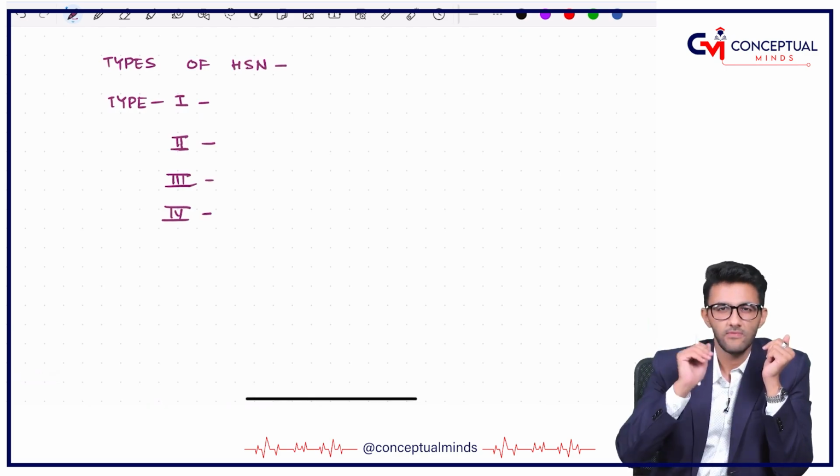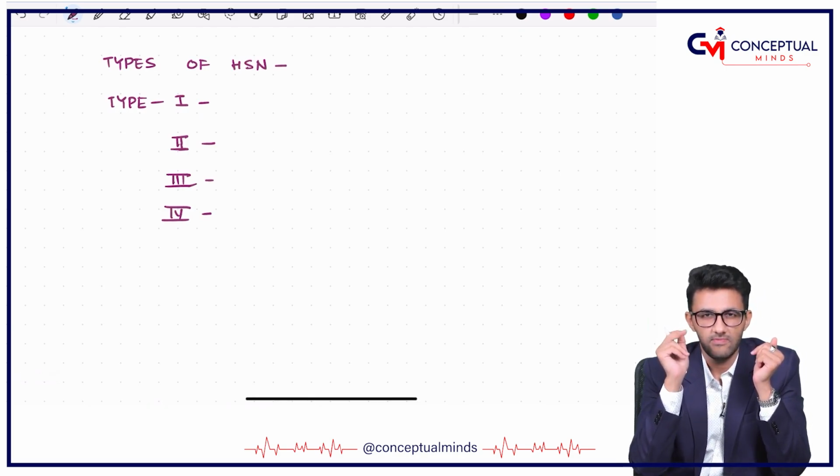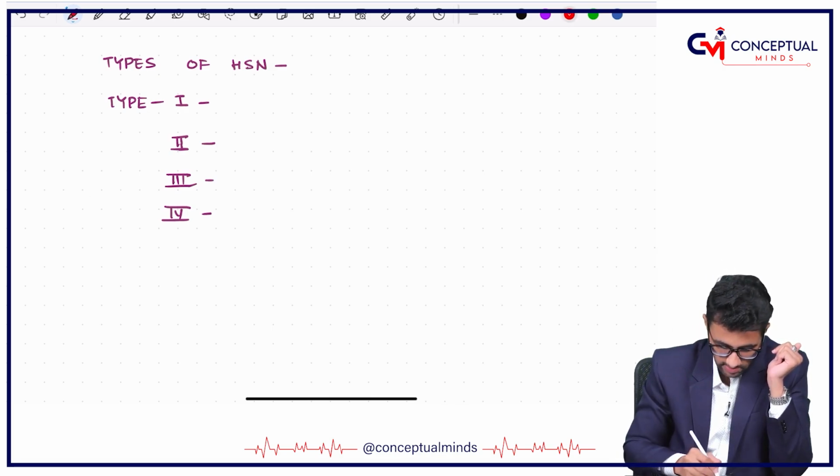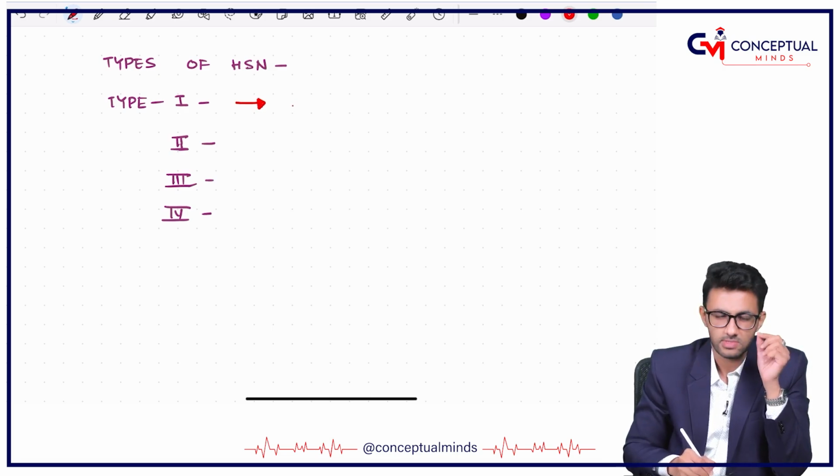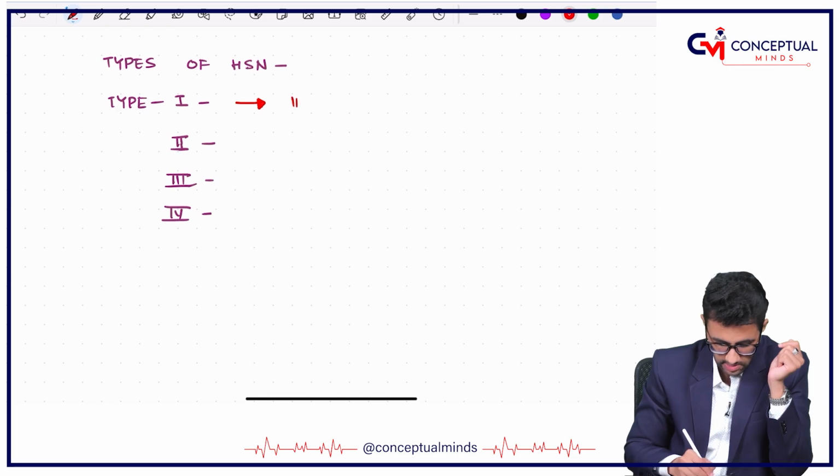Next, we have seen that type 1 and 4 are important. Type 1 is the one with immediate exposure.